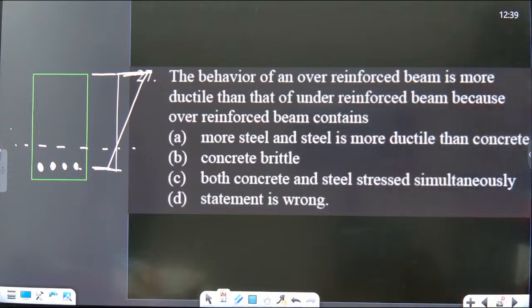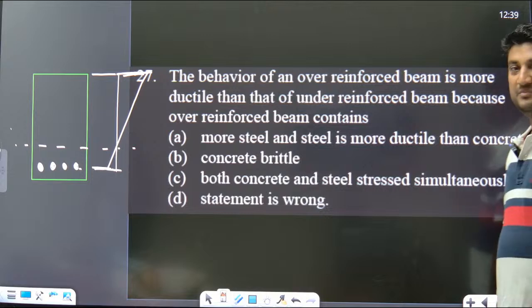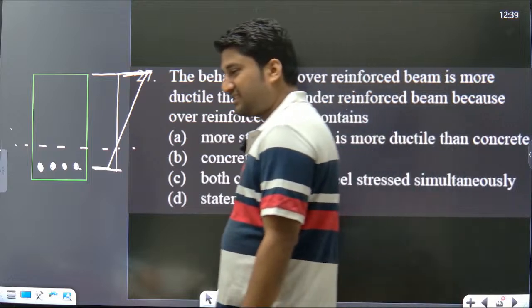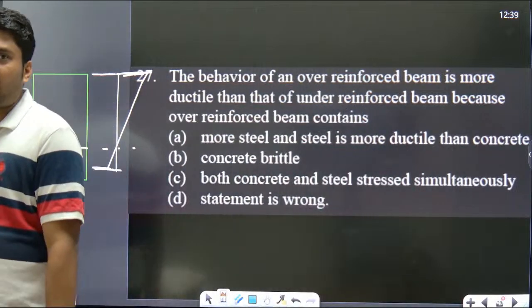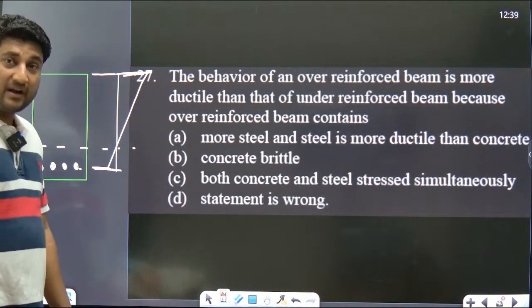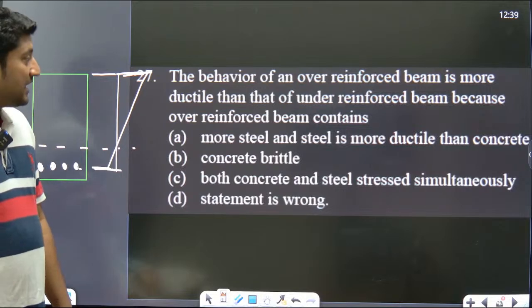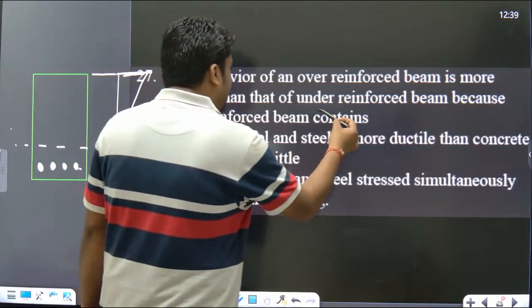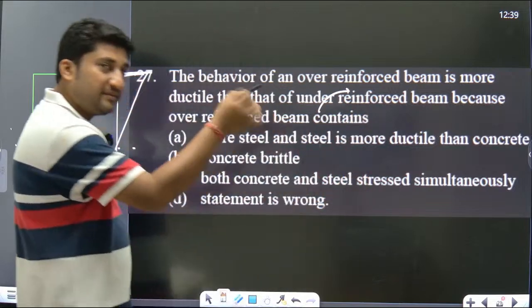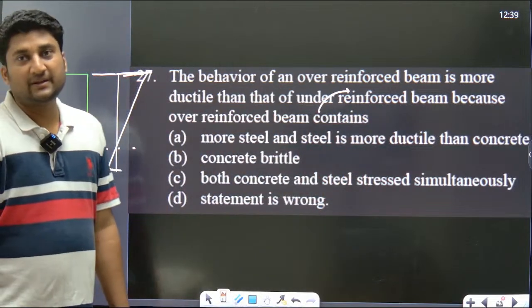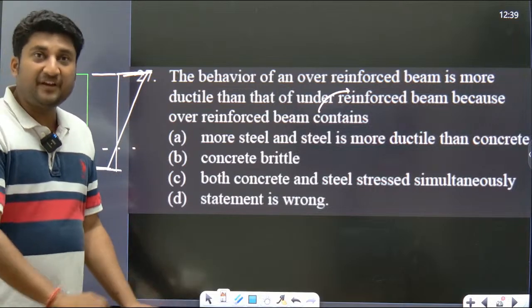The behavior of an over reinforced beam is more ductile than an under reinforced beam. Is the statement correct or wrong? In an under reinforced beam, the failure is due to the steel, and that failure is ductile.